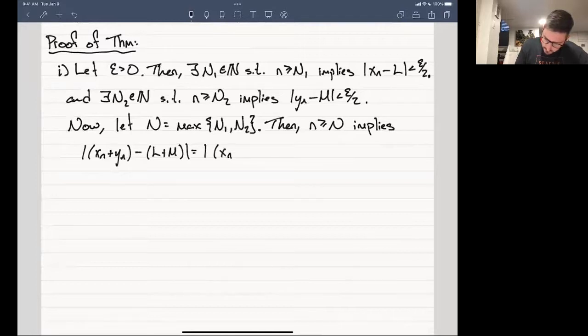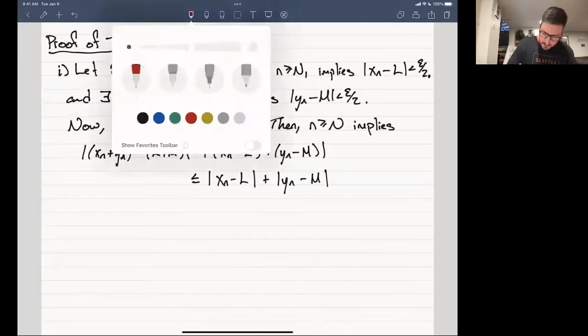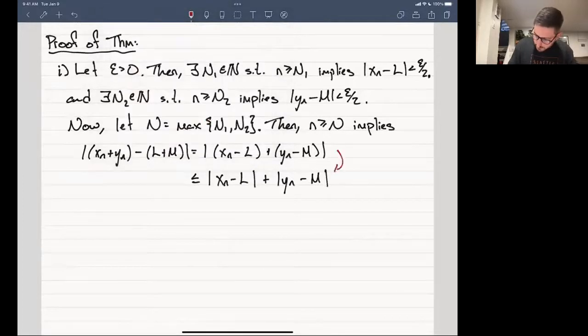So this becomes xn minus L, and this becomes yn minus m. Then we hit this with the triangle inequality, distributing the absolute value over the elements of the sum. Maybe it's nice to put a little note here so we know what happened: triangle inequality. I told you it was coming.